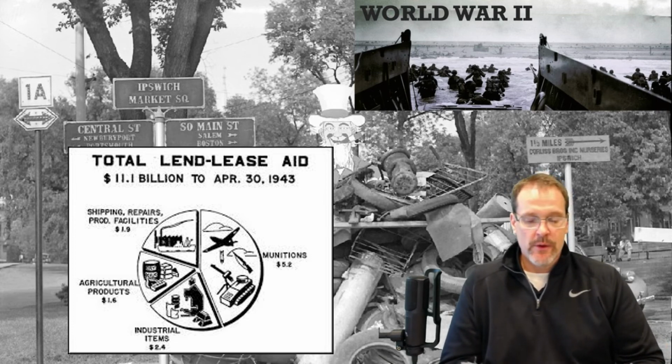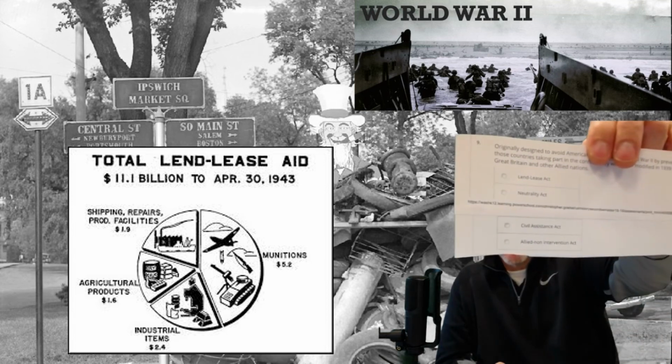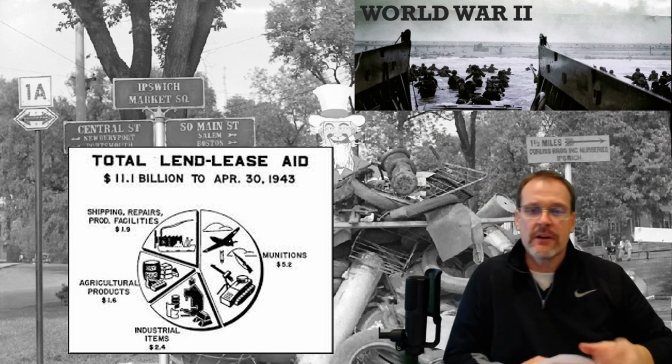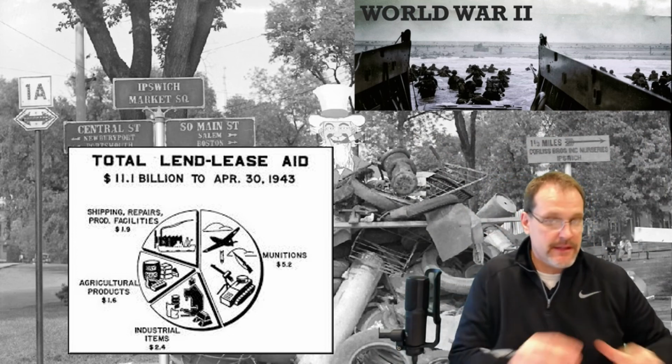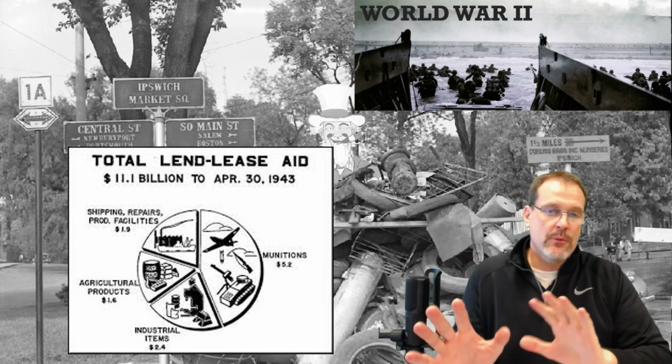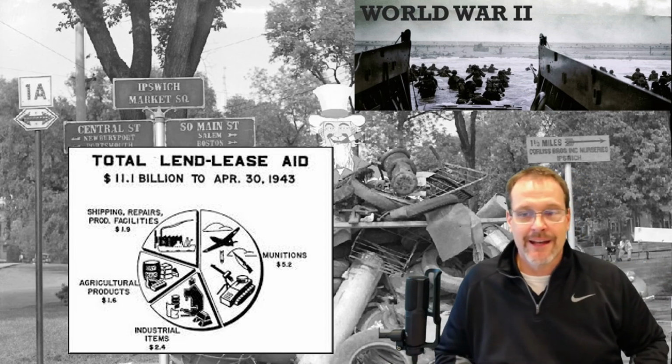Originally designed to avoid American involvement in World War II by preventing loans to those countries taking part in conflict, they were later modified in 1939 to allow aid to Great Britain and other nations. Okay, but these were neutrality acts. Now, we started with neutrality acts because the United States did not want to get involved in war, and that would later flow into what we call lend-lease.